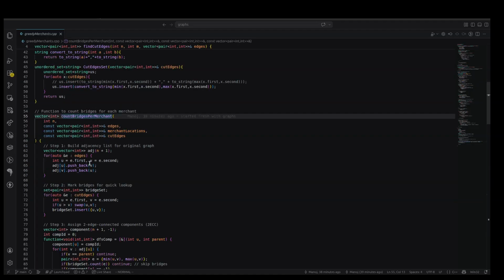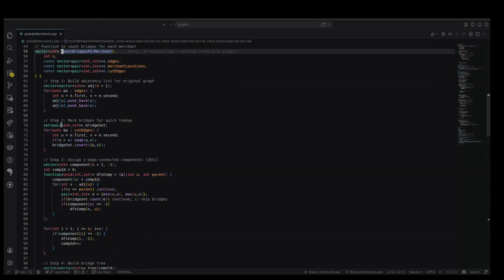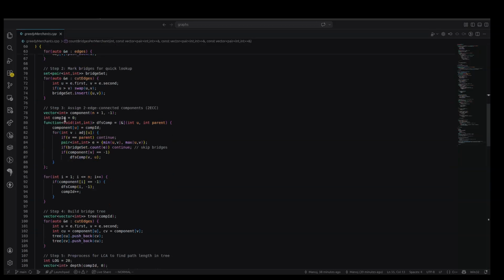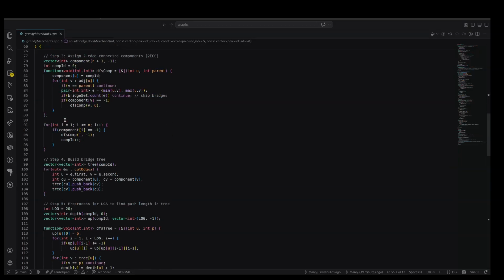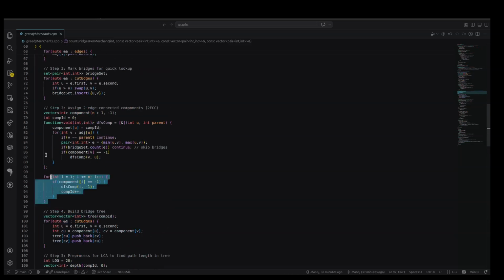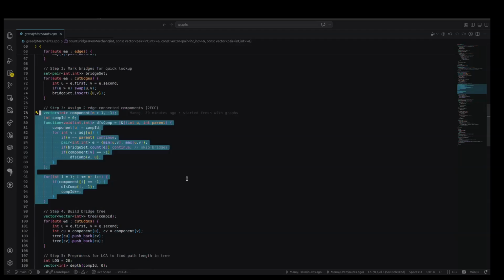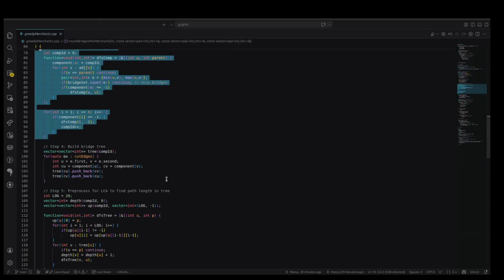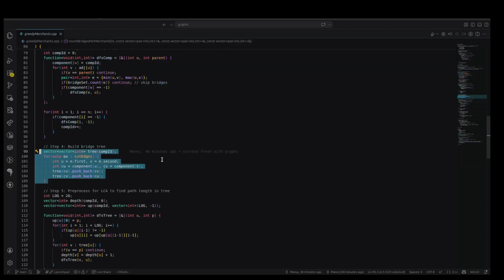And how do we do it? For that, we have to form a new kind of tree, like I said, G prime. Like you can see in step 4, the above step is about getting the component numbers in the disconnected graph for each vertex, and here you form the tree.